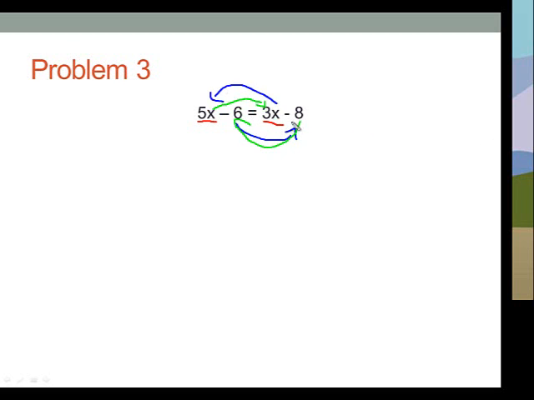For our purposes, we're going to do the green method. So for 5x minus 6 equals 3x minus 8, it means we can add 8 to each side.